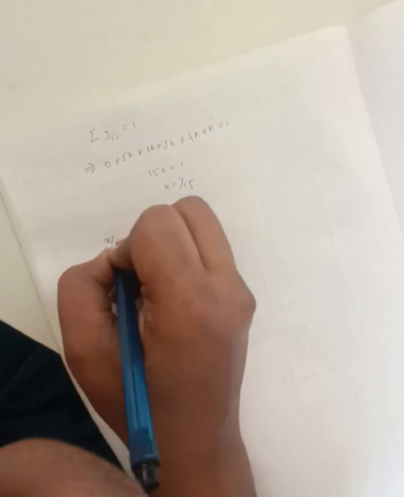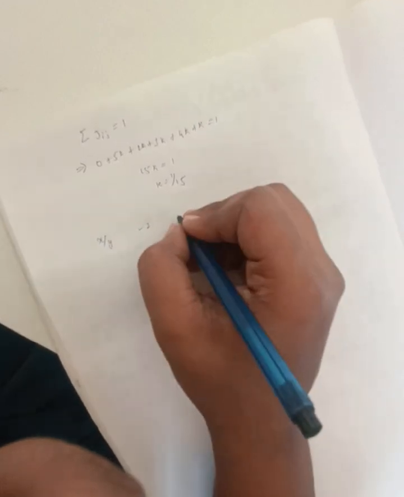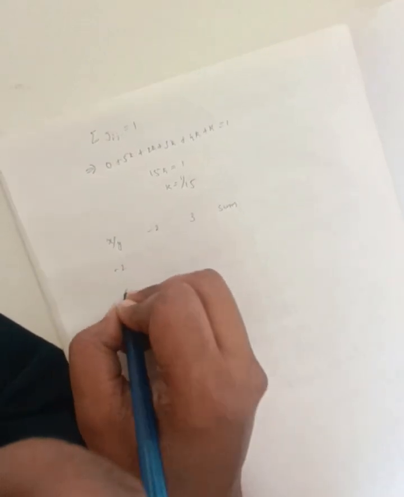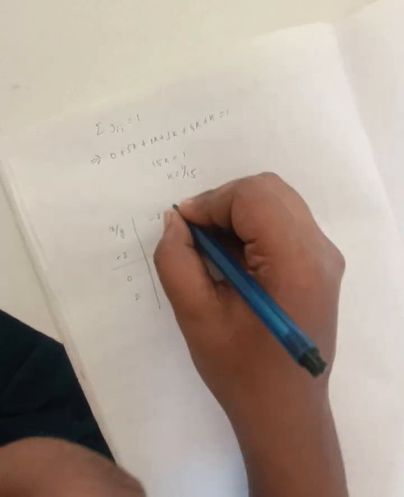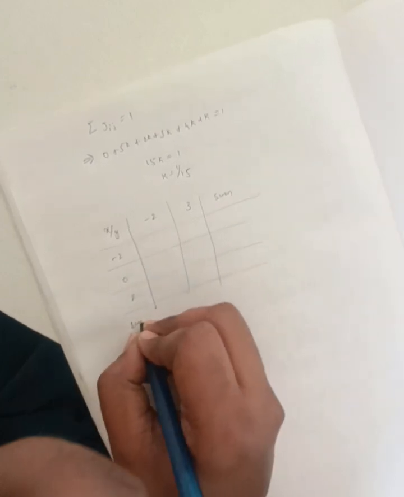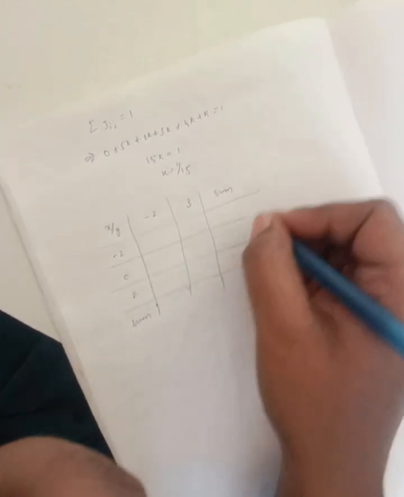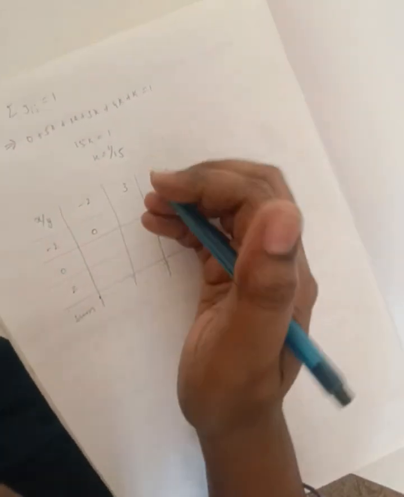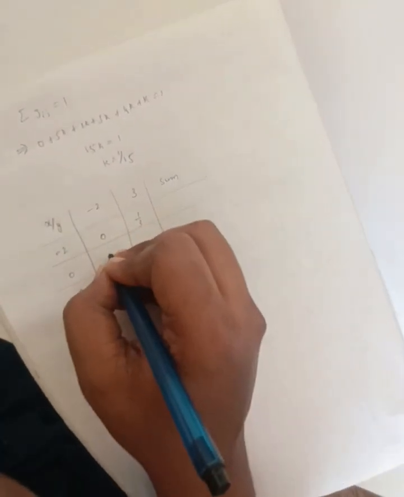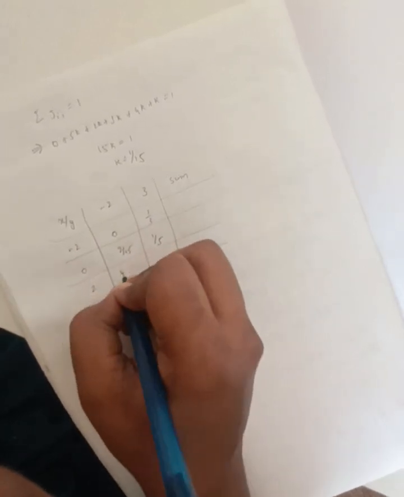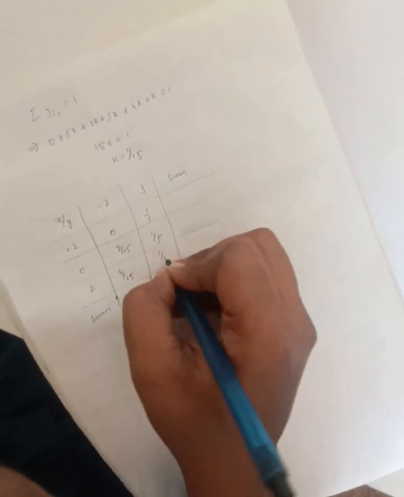Then the table becomes: 0, 5k means 1 by 3; 2 by 15, 1 by 5; 4 by 15, 1 by 15.